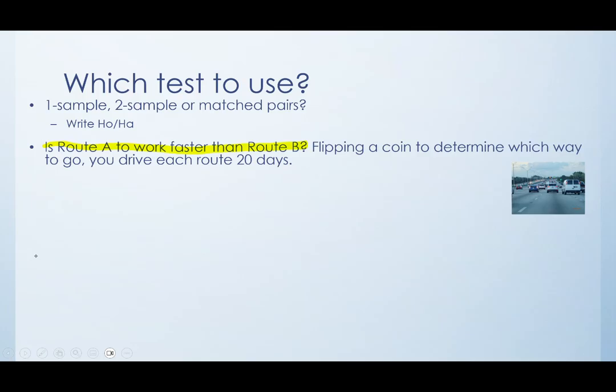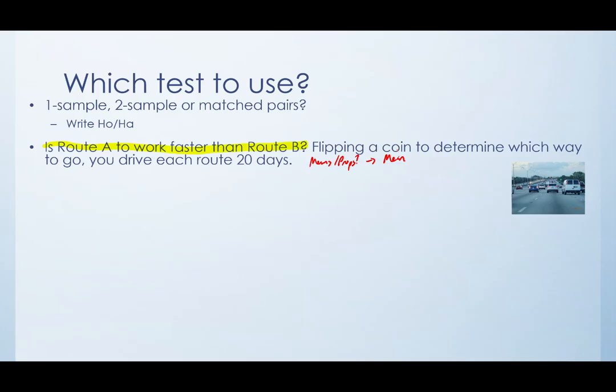Okay. So you're going to ask, first off, is this means or proportions? And since we're talking about time, we're going to say it's means, because time is a quantitative variable, and it's going to use a mean to summarize. We know that there's two means.